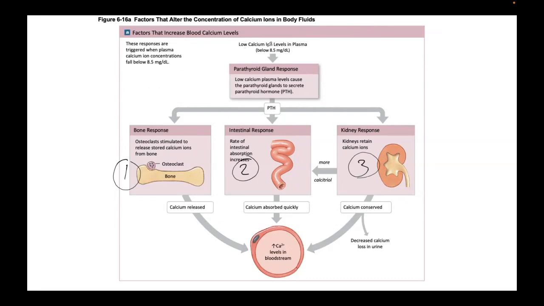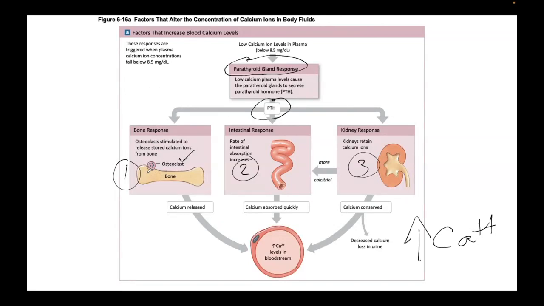So what we're looking at is that we have low calcium ion. When the calcium is too low, your parathyroid gland is going to push out parathyroid hormone. Now, the goal is that, hey, we had too little calcium. What can we do at the end result to increase calcium levels? Well, bone, maybe we can break down bone.